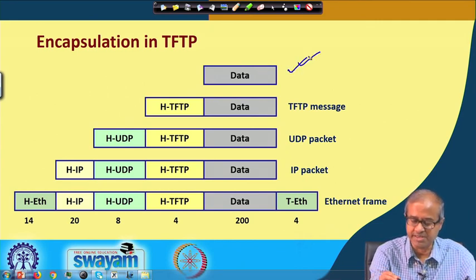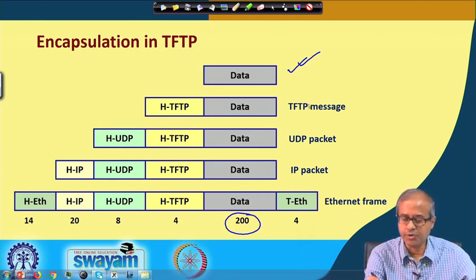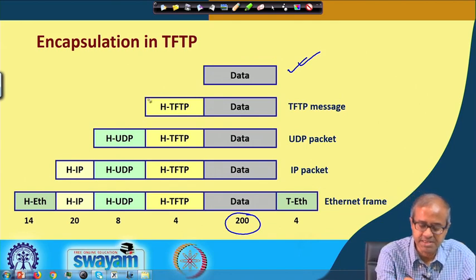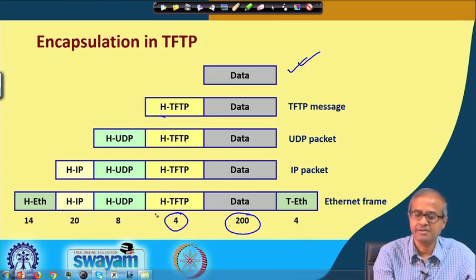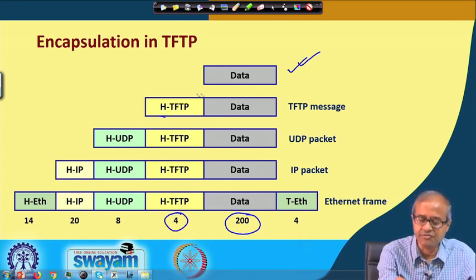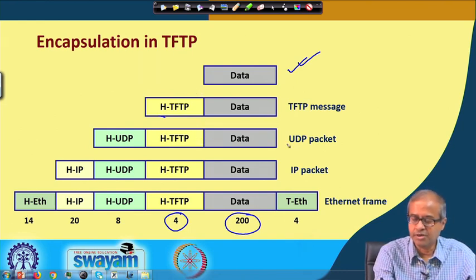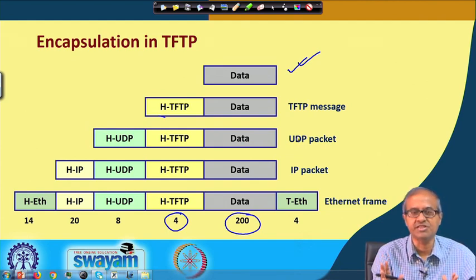This is 200 bytes. When it goes to the TFTP application, the TFTP application appends a header. This is a header of TFTP which is 4 bytes. This is the data which the TFTP application generates. It sends it down to the transport layer, to UDP. TFTP uses UDP, it does not use TCP. That is why it comes to the UDP layer.